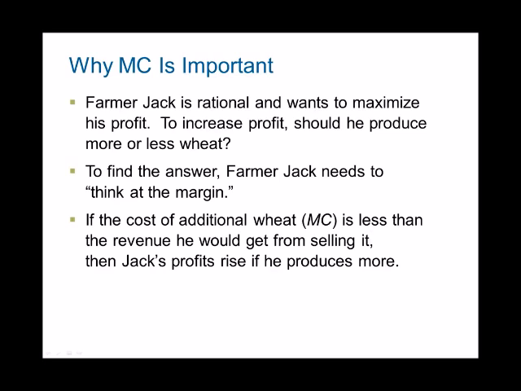Because if we think about it, the extra unit of wheat is going to, let's say, bring him $5. And to produce that extra bushel of wheat, it just costs him $3. Then if he produces and sells that extra unit, it is going to bring a profit of $2. 5 minus 3 is 2. So he should increase his production.